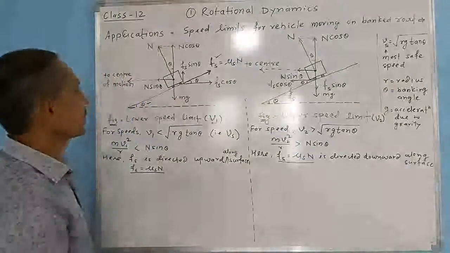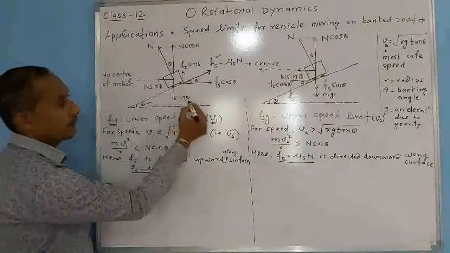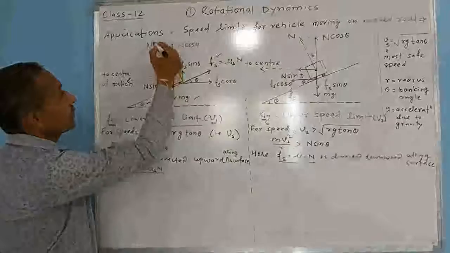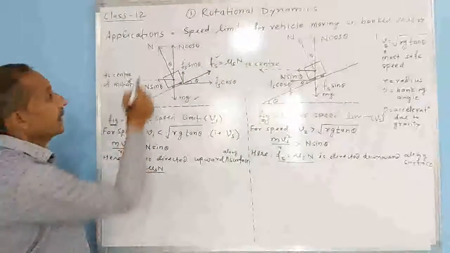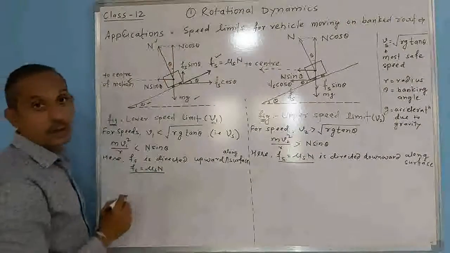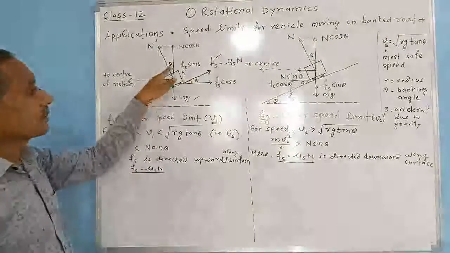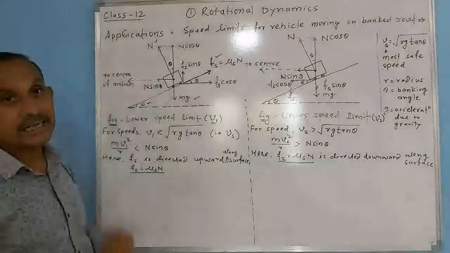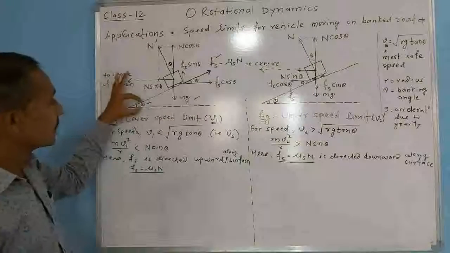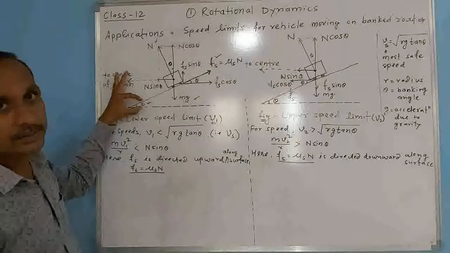So let's see. The first force is mg, the second force is N, and this normal reaction force N forms angle theta with the vertical direction, which is similar to this angle theta.